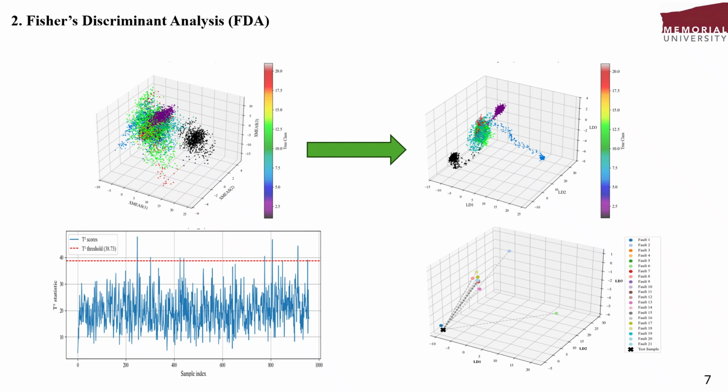In the FDA, as you can see, before projecting the data into the axis of the FDA, they are not in a tidy form. You can find each color in every part of the space, but after implementation of the FDA method, you can see the clustering phenomena.